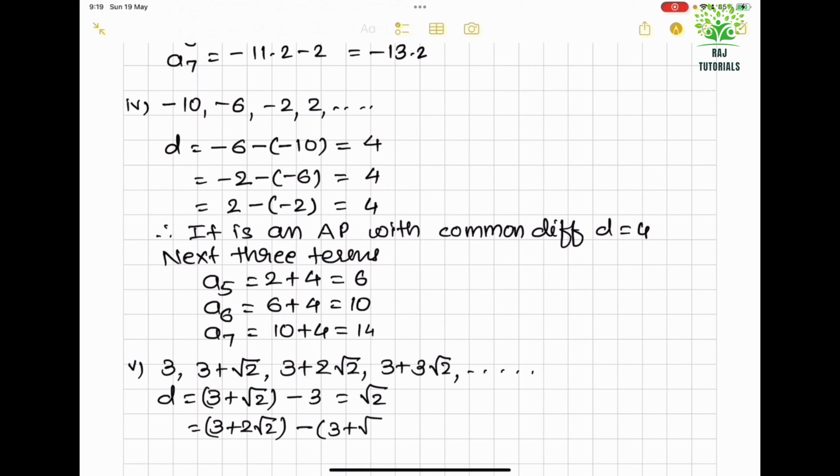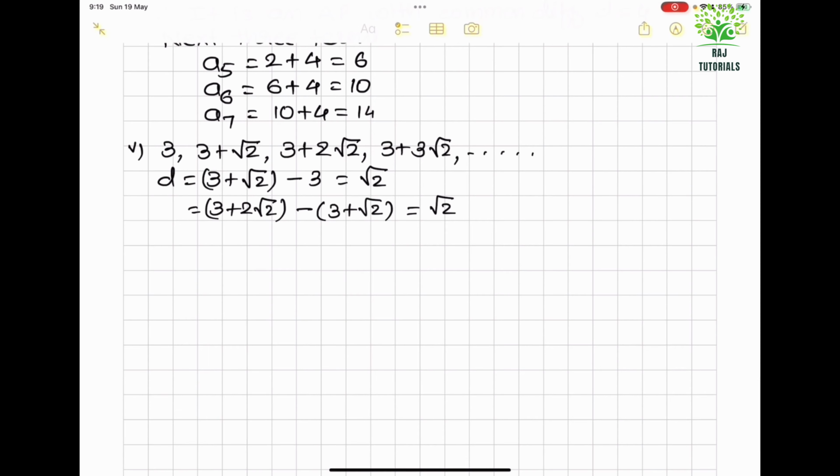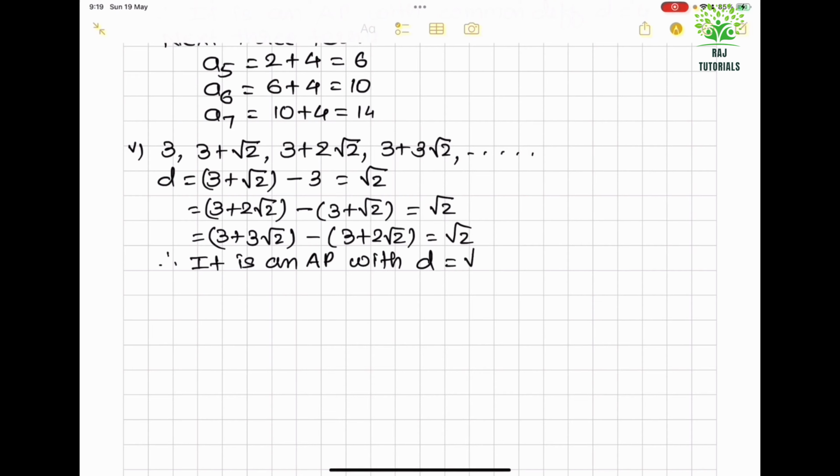3 plus 2 root 2 minus 3 plus root 2, that is root 2, and 3 plus 3 root 2 minus 3 plus 2 root 2, that is root 2. Therefore it is an AP with D equal to root 2.